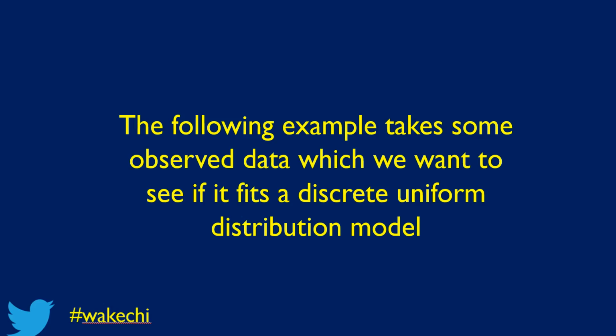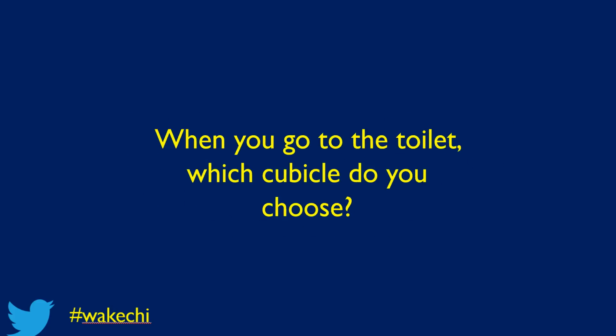So a bit like what we're going to do here. One of the celebrities came on the show and asked, when you go to the toilet, which cubicle do you choose? They were concerned that some cubicles were more likely to be selected by members of the public, meaning they would not be as hygienic.